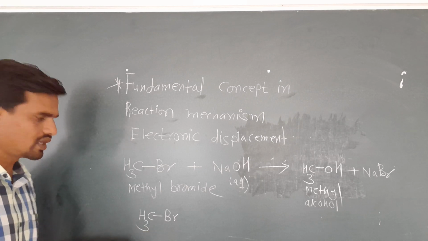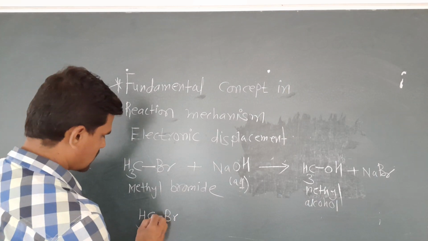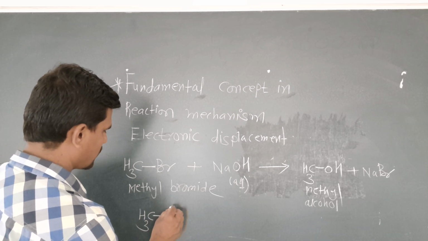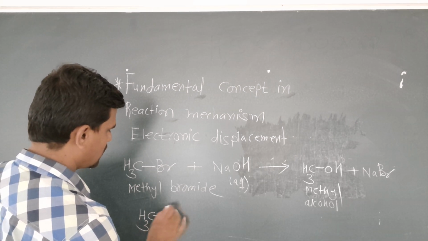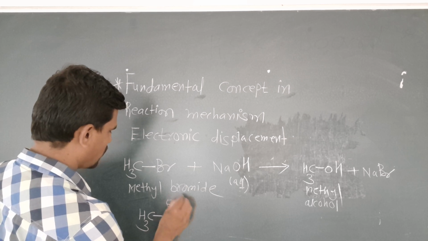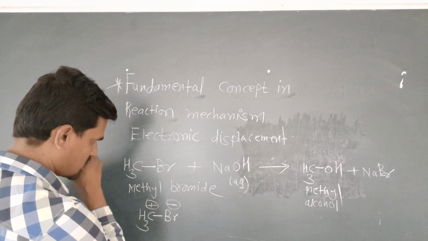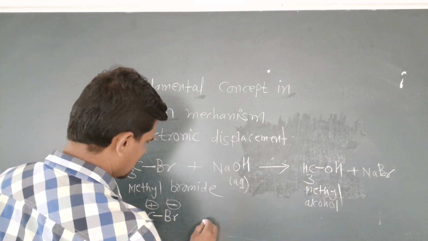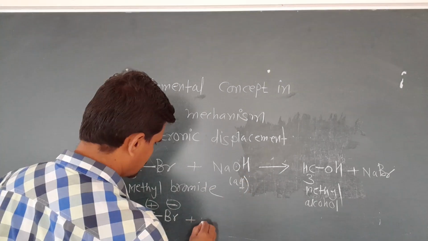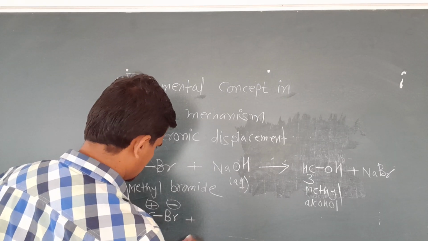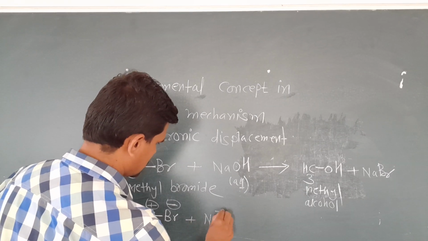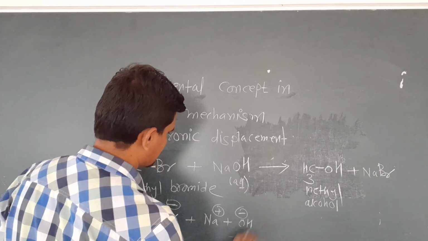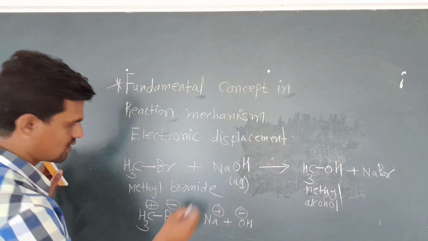Bromine has more electronegativity, so the electronic displacement takes place from carbon to bromine, and there is development of a partial negative charge on the bromine and a partial positive charge on the carbon. When sodium hydroxide is dissolved in water, there is a separation of sodium ions plus hydroxide ions in aqueous solution.